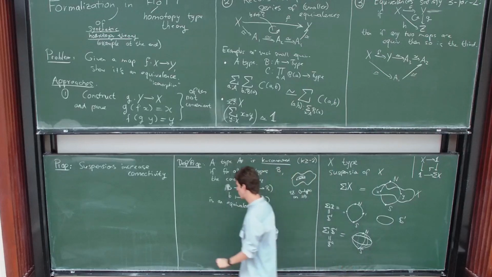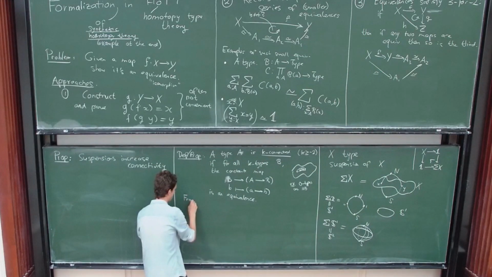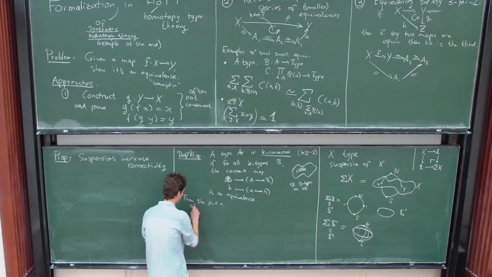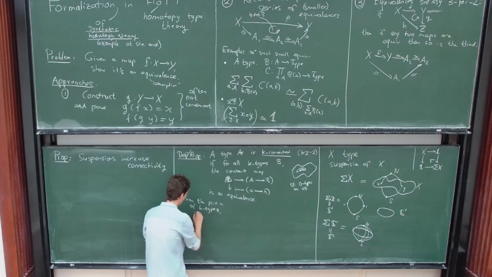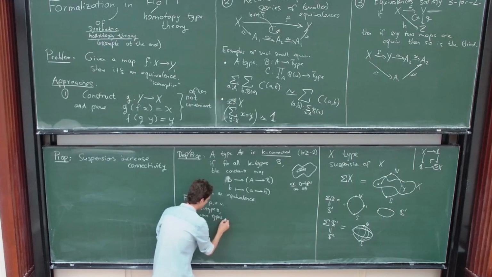Okay, so this is the intuition. From the point of view of k-types, k-connected types are trivial.